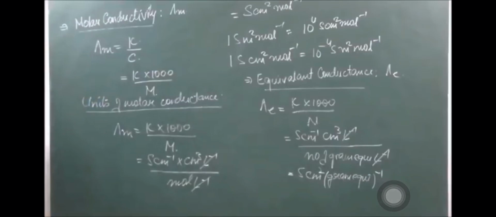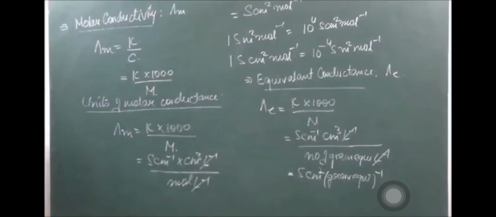So in the next lecture we are going to study the variations. As we said in the last lecture, if something is present then there will definitely be a variation in conductance. We have already seen that there are various factors which affect the conductivity.